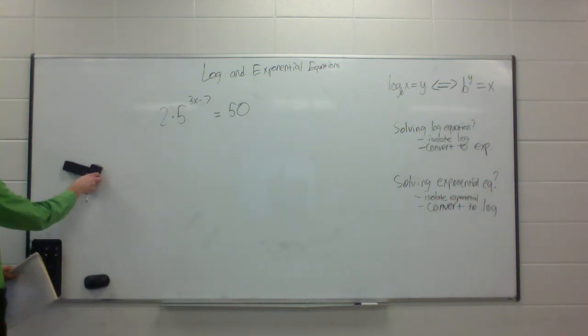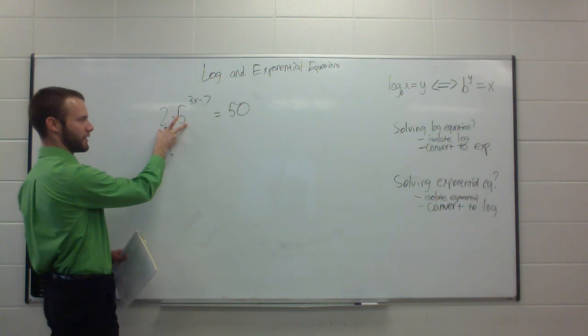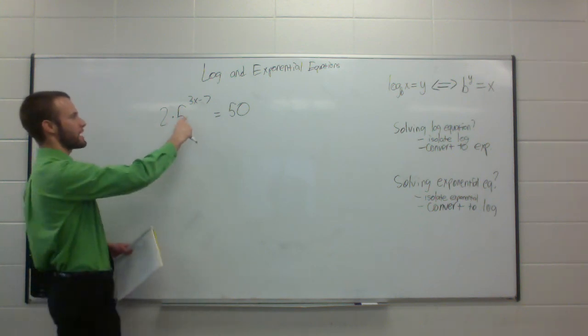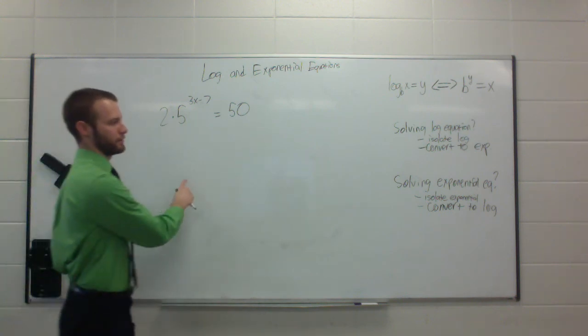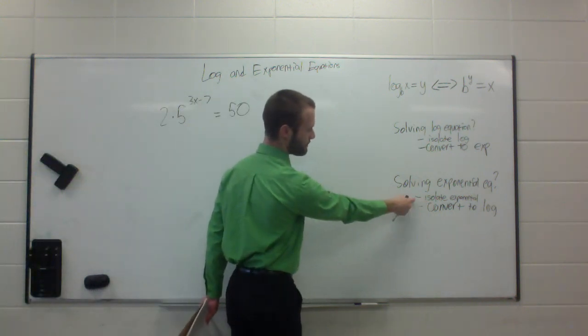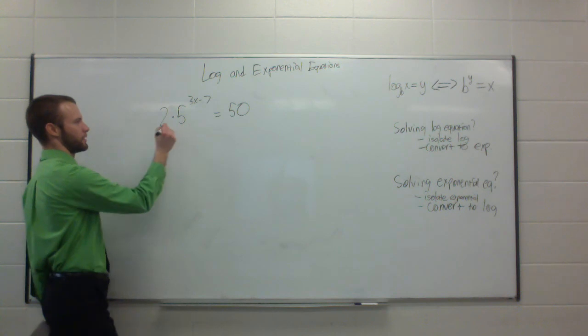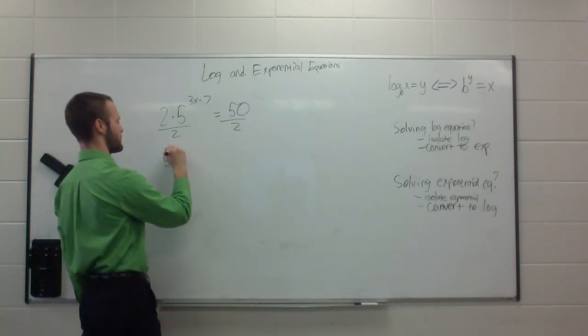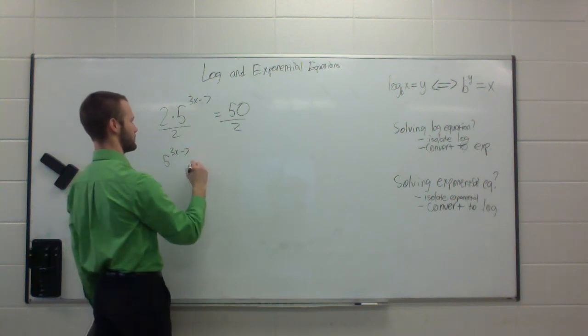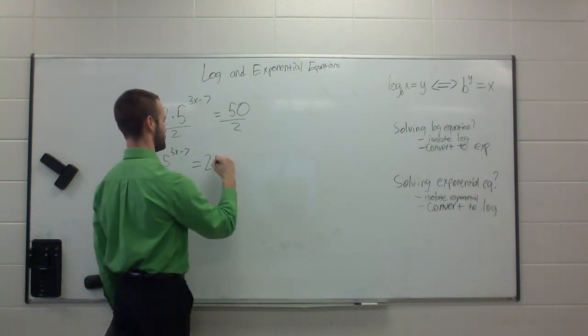Now remember, because of order of operations, we can't just say 2 times 5 is 10 here, right? This is 5 to the power of 3x minus 7, then multiplied by 2. So again, in order to solve an exponential equation, isolate the exponential. So we're going to divide by 2, and we get 5 to the power of 3x minus 7 equals 25.